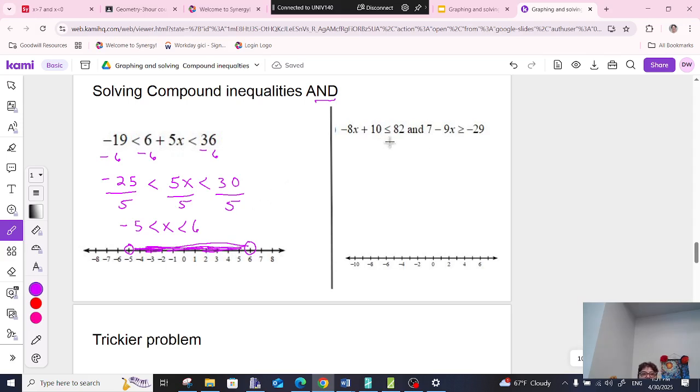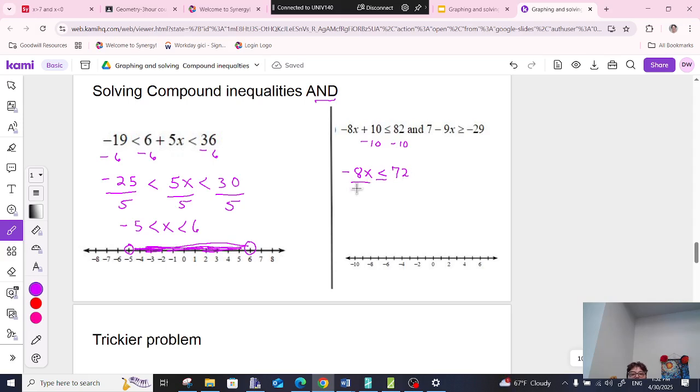Now over here, I'm going to have to solve 2 separate problems and then graph it, right? So I would subtract 10, subtract 10. I get -8x is less than or equal to 72.